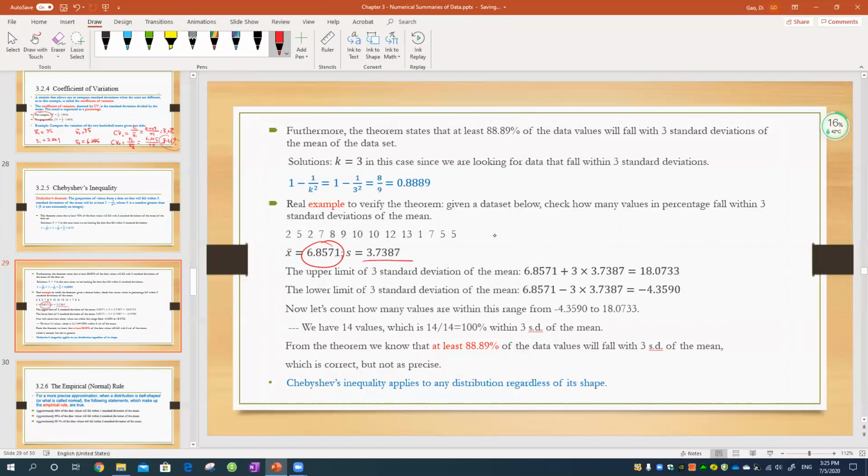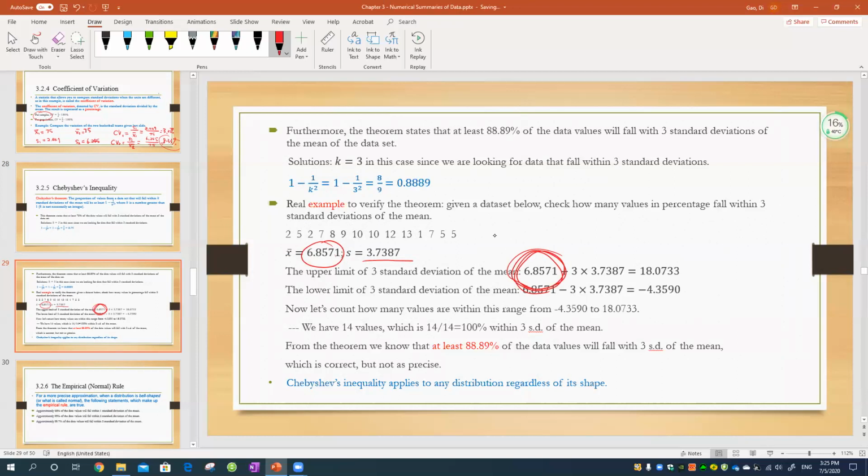Just use the formula we learned, we can definitely calculate those two numbers. And the upper limit of 3 standard deviations of the mean. So that means from the mean, so we can calculate a sample mean or sample average, we're gonna look to the right 3 standard deviations more.